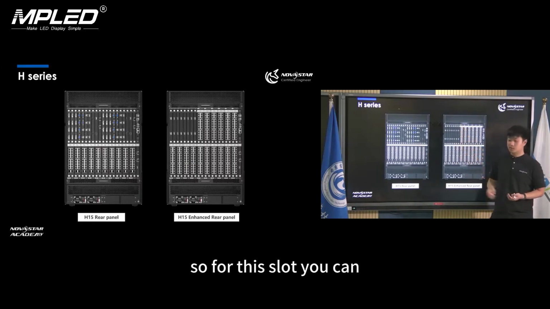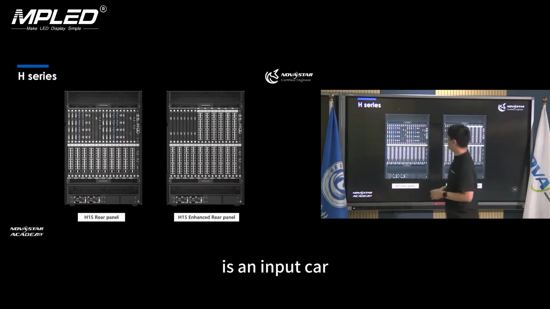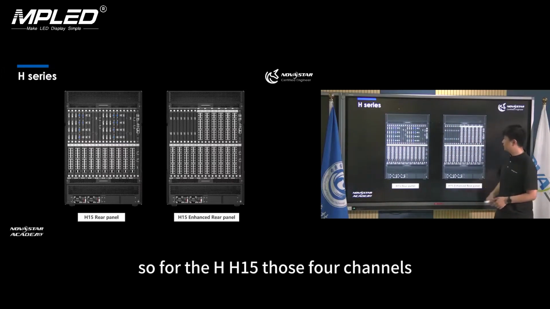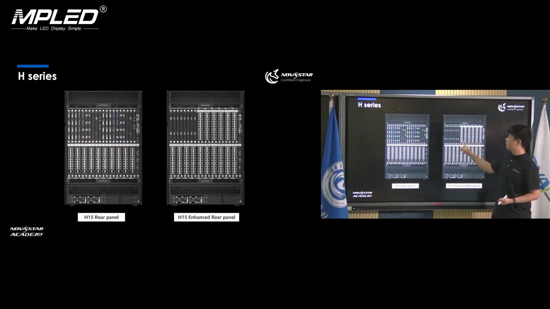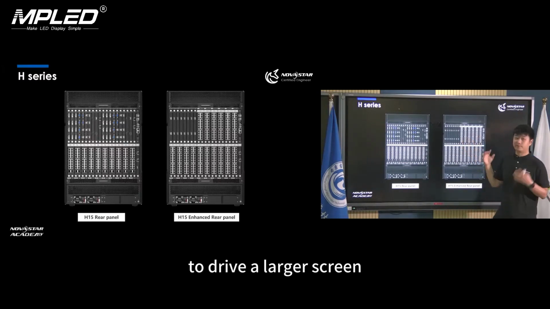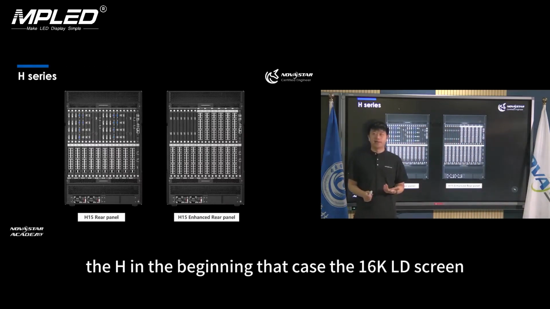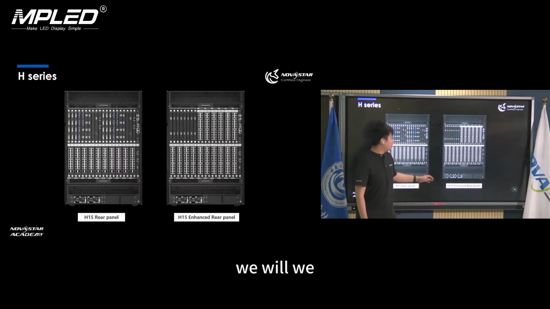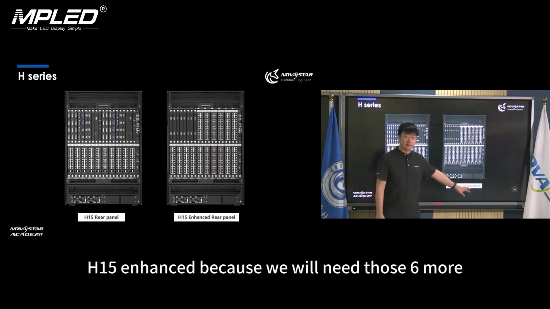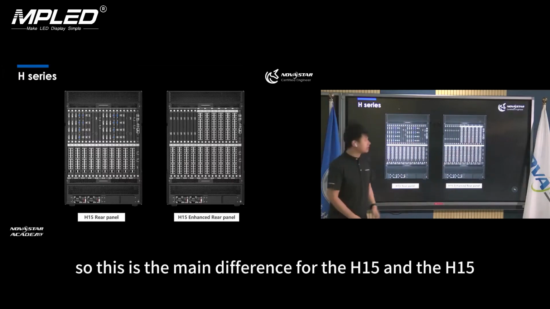For this slot, you can insert either an output card or an input card. So for the H15 enhanced, those 6 channels can be inserted as output cards to drive a larger screen. So in the beginning, in that case, the 16K LED screen, we will need H15 enhanced because we will need those 6 more output cards. So this is the main difference between the H15 and the H15 enhanced.